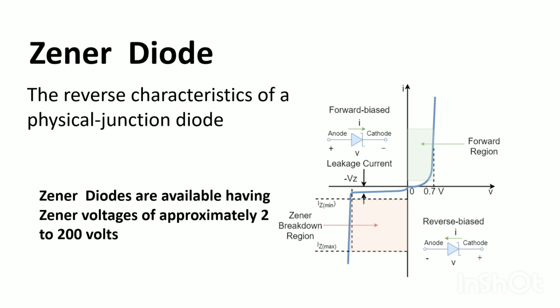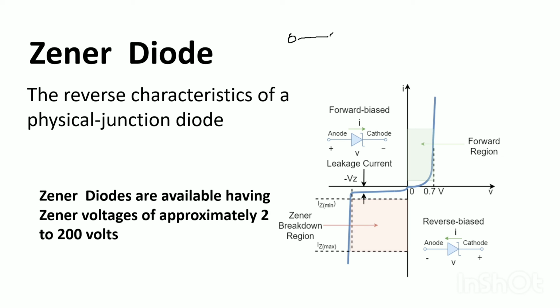Okay, VBR means breakdown voltage, reverse breakdown voltage. The diode breaks down in the operating region of reverse current from IZK to IZM. The voltage across the diode is essentially constant. Okay, IZK, the knee current.